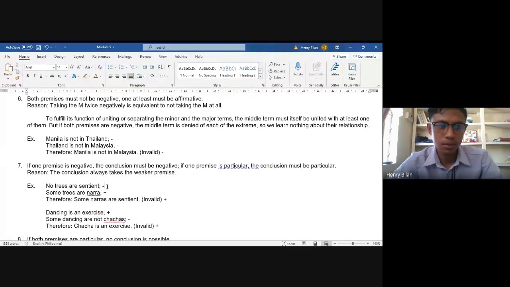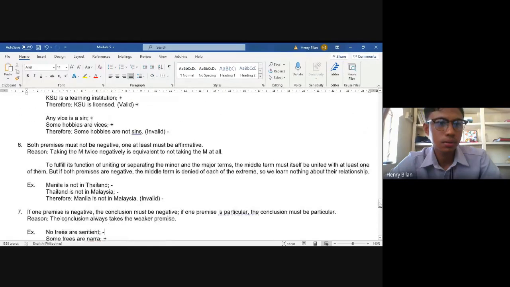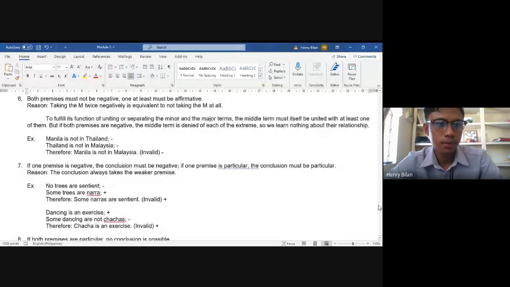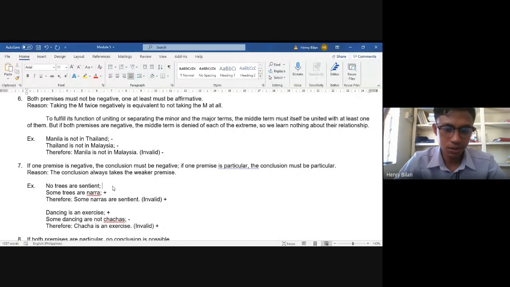And then, sabi pa dito, if one premise is particular, the conclusion must be particular. So, our case here, halimbawa sana, pag sinabing particular, ito, this is universal, this is particular.